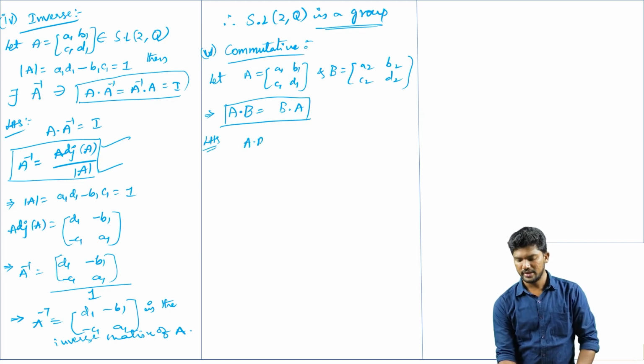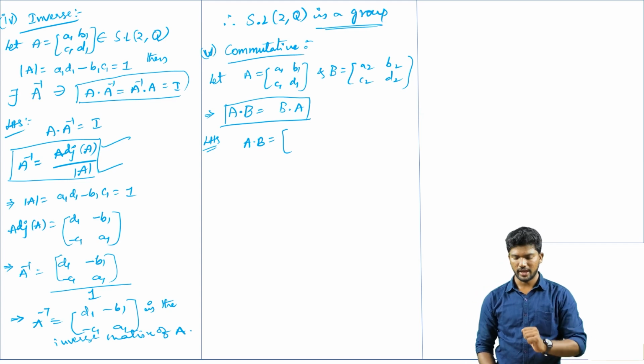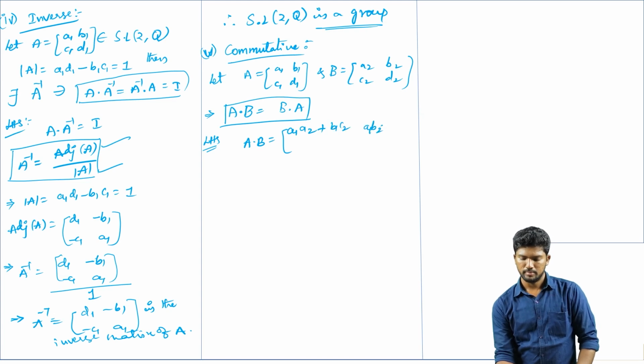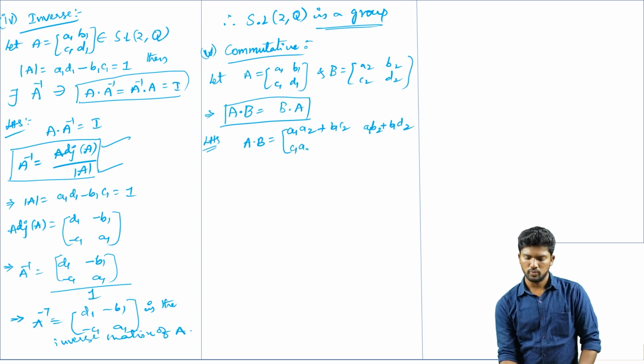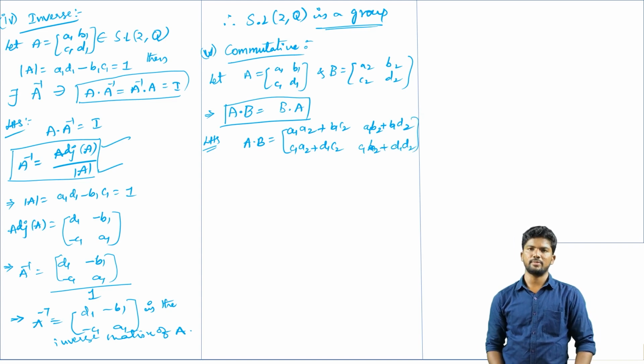A into B, from the closure property, we already did it, so I am writing directly: A1 A2 plus B1 C2, A1 B2 plus B1 D2, C1 A2 plus D1 C2, C1 B2 plus D1 D2. So this is the AB value.